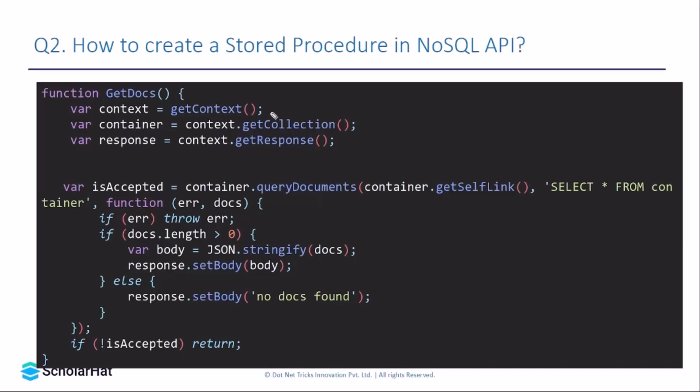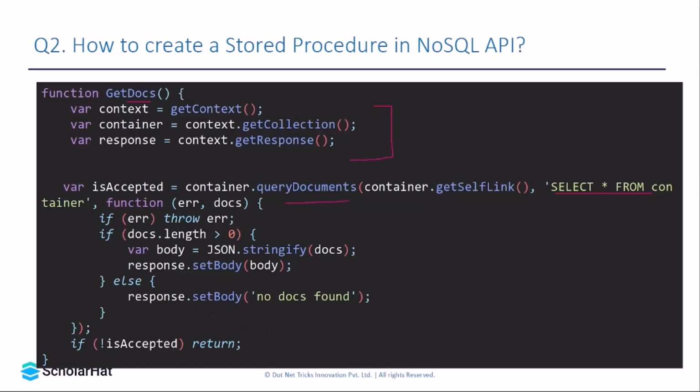In this example, you can see that we have created a function named getDocs, and then we have taken some context from the Cosmos DB context. And finally, we are creating a stored procedure in which we are querying the documents, and based on a certain condition like select star from container, we are returning data from it.